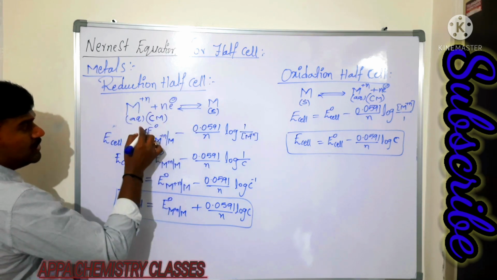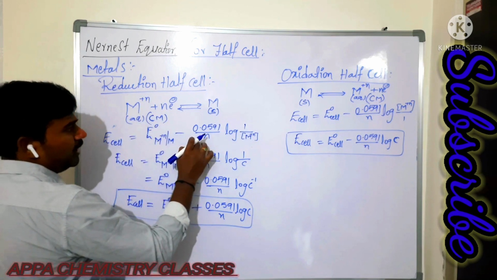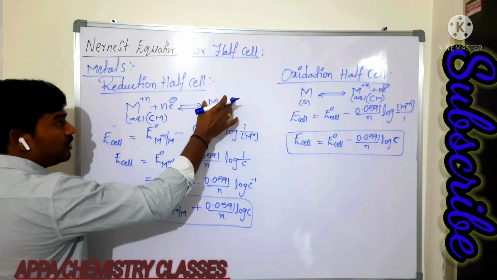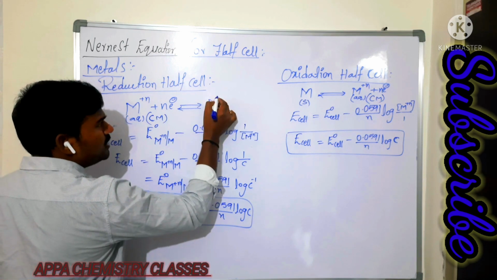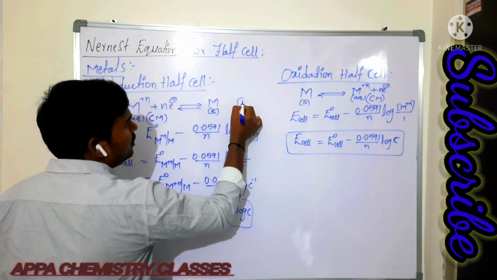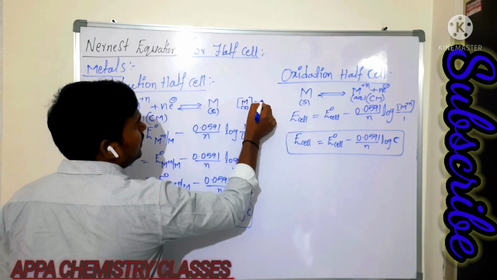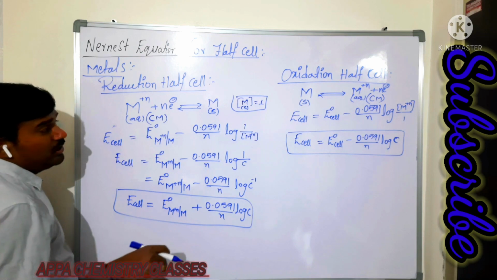For this reaction, the electrode potential will be the standard electrode potential minus 0.0591 by n log of concentration of product by concentration of reactant. The product here is the solid metal, and the active mass of a solid is taken as 1. That we will learn in the case of chemical equilibrium.